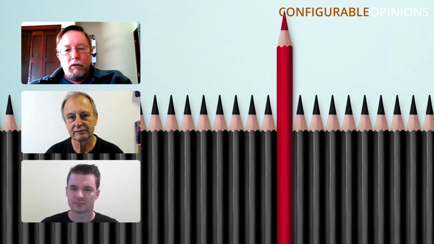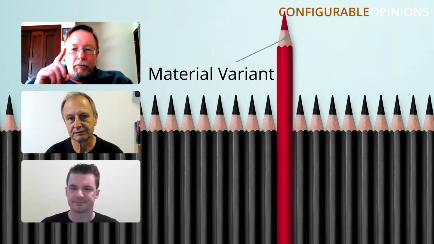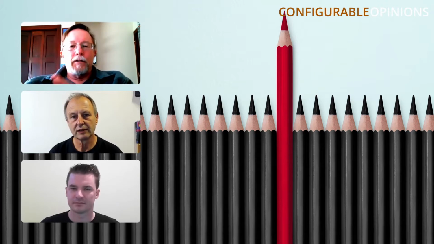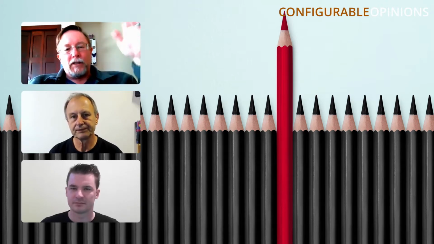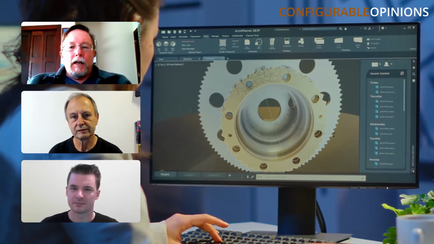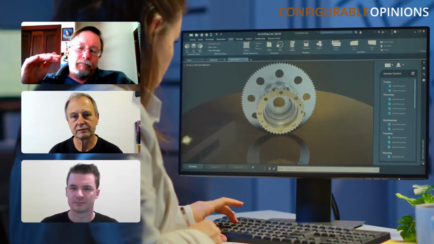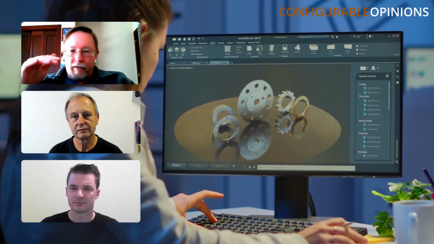So in the SAP world, you can think it's almost a material variant. Here's the big difference. The BOM never flexes. In a material variant, you're using the super BOM, and it's flexing against that super BOM based on the characteristics and values. In the CAD world, the instance is the instance, and it does not flex.